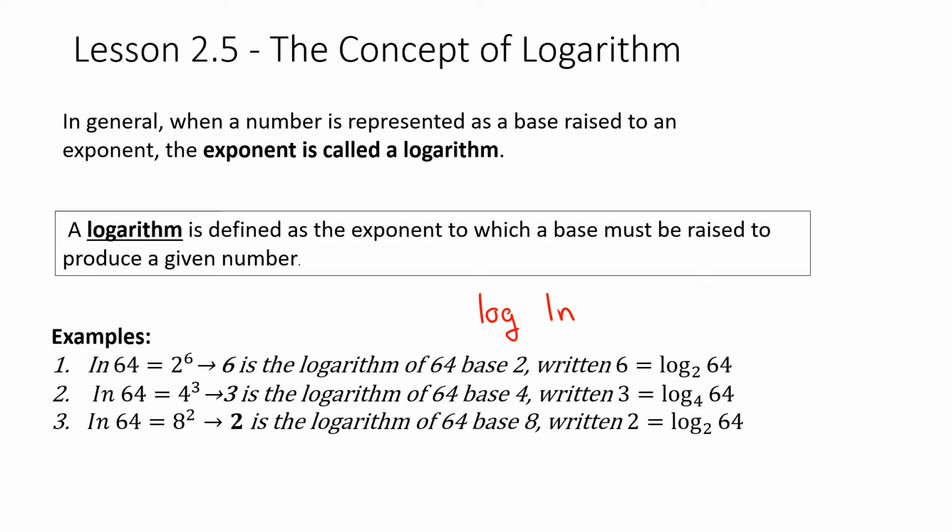So for example, if we have the number 64, that is equal to 2 to the exponent 6.